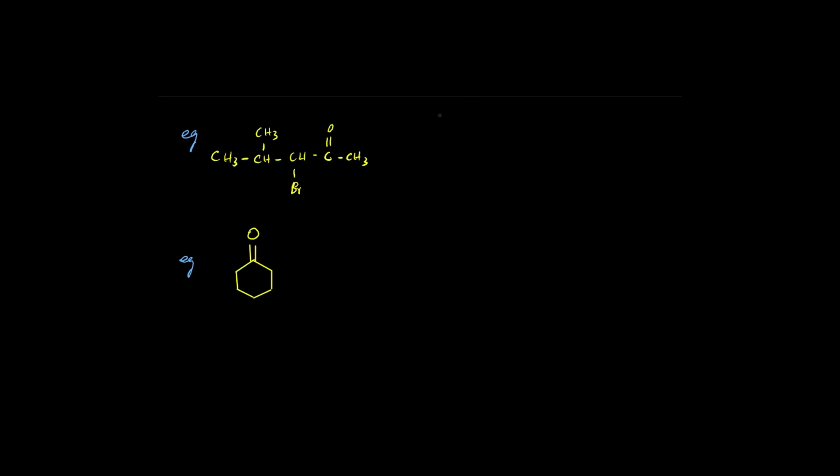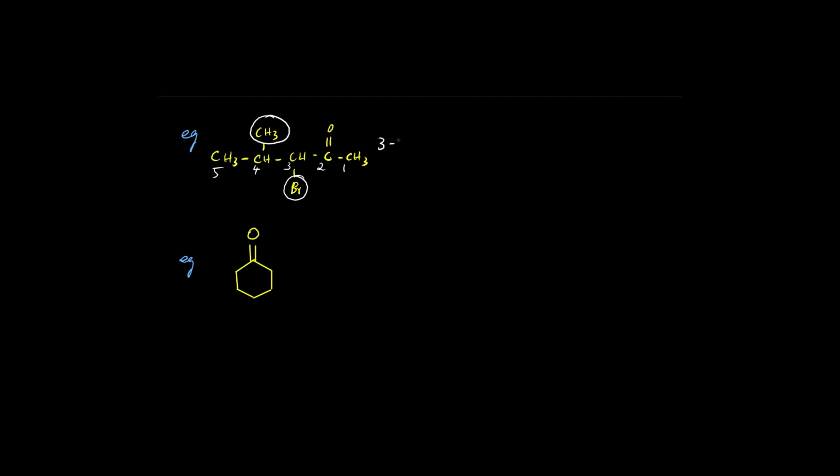Now let's look at some more examples, right? Now over here also, you would have to number the carbon atoms first, and we would number it from the right hand side so that the double bond O is with the smallest number. So we have a methyl substituent and we have a bromine substituent. Now let's name this.